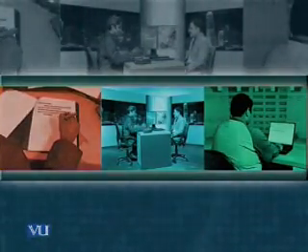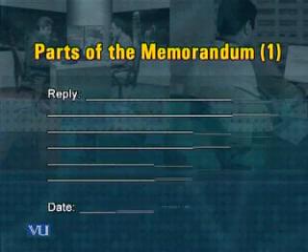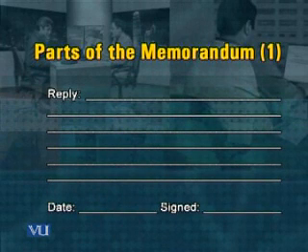So it simply speeds up the process of bringing the answer or reply back to the person writing the message. If you look at this, you see that the word reply is written and then a few lines are drawn so that a reply could be written, and similarly the reply has a date and a signature area.